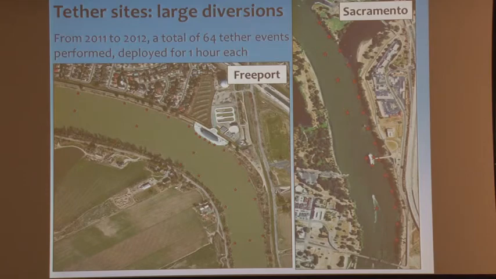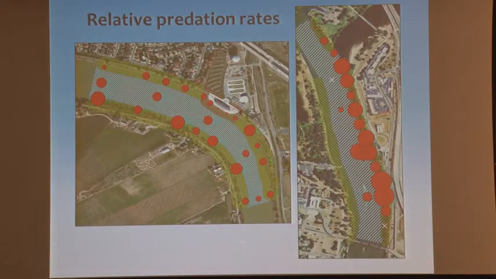And 6 different tethering events were done in crepuscular periods as well as the middle of the day and the middle of the night at these different sites. And these are measures of relative predation rate, the bigger the circle being the more probability that the tether recorded a predation event.